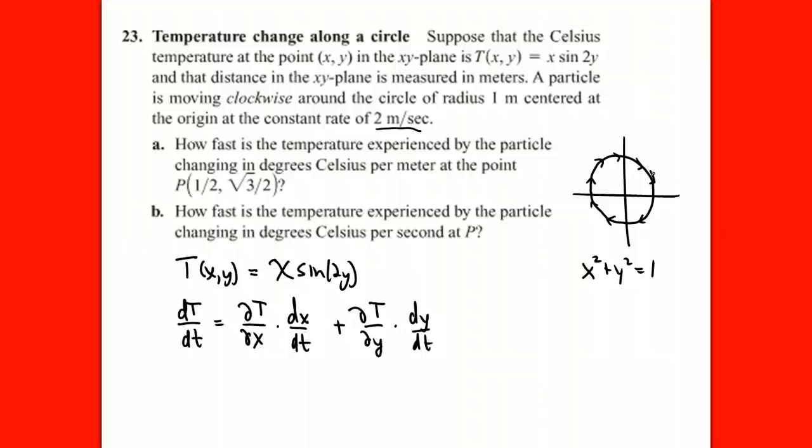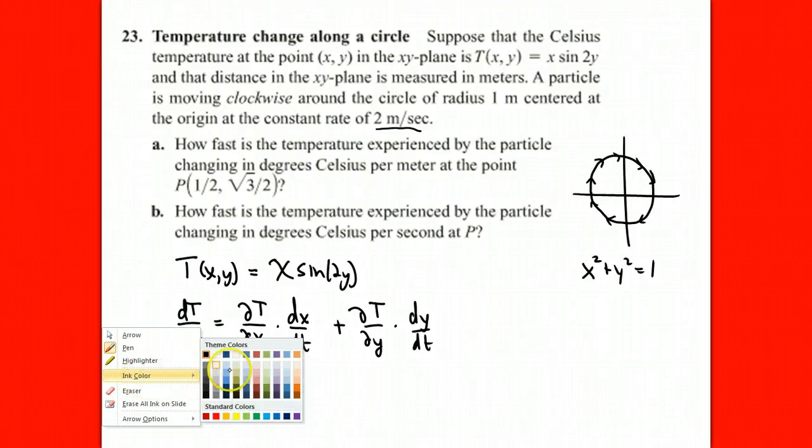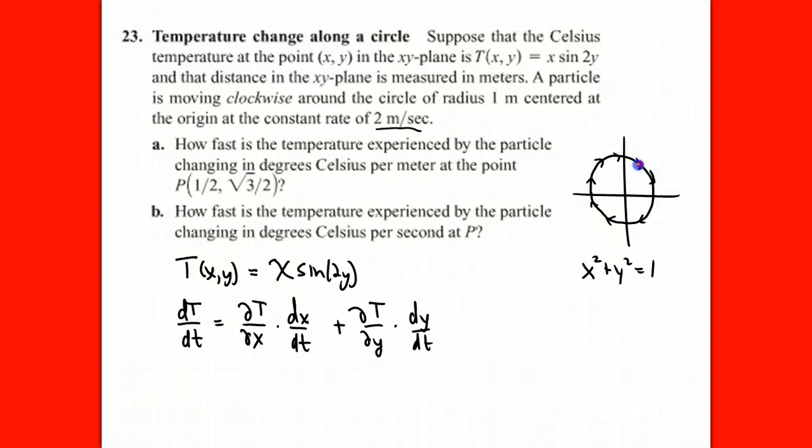Anyway, how fast is the temperature experienced by the particle changing at the point when x is a half and y is √3/2? That's the point on the unit circle right about here. What angle does that correspond to? Pi/3.